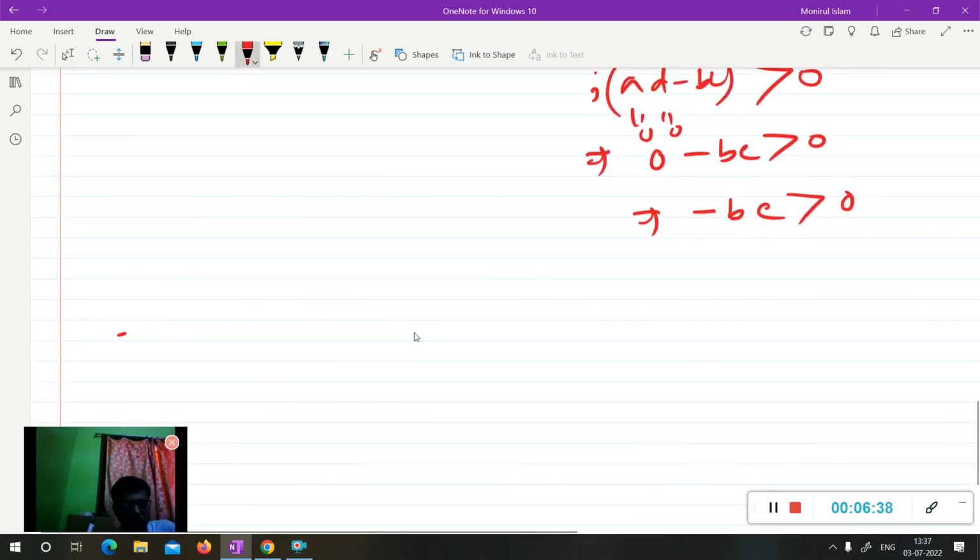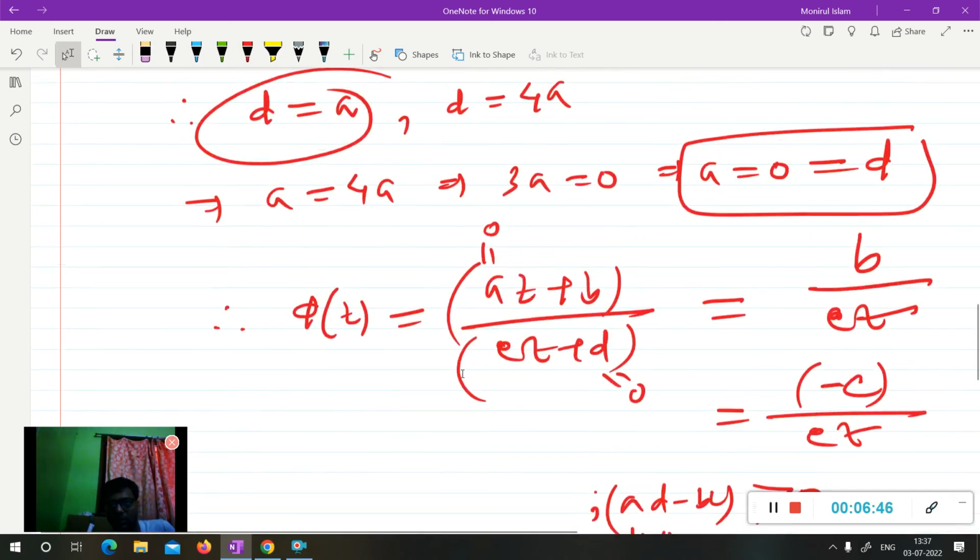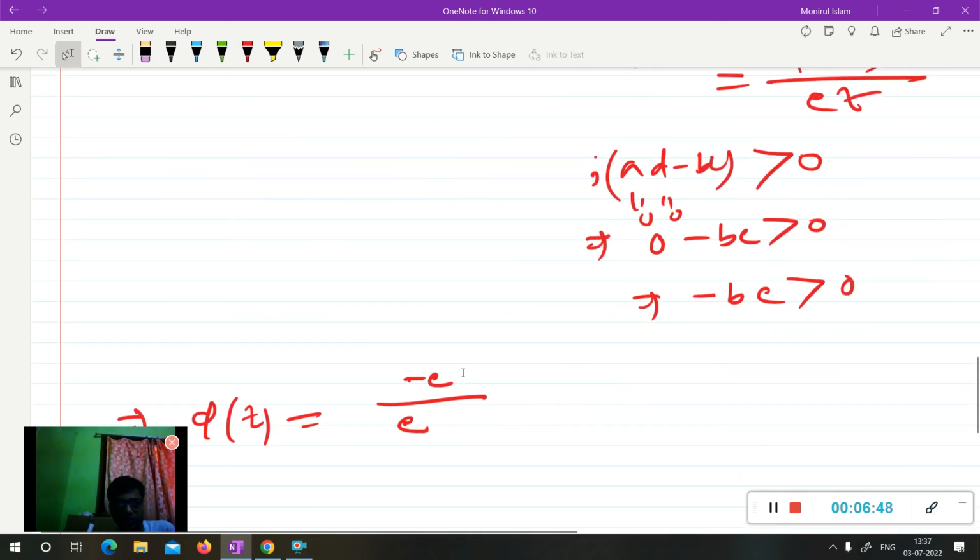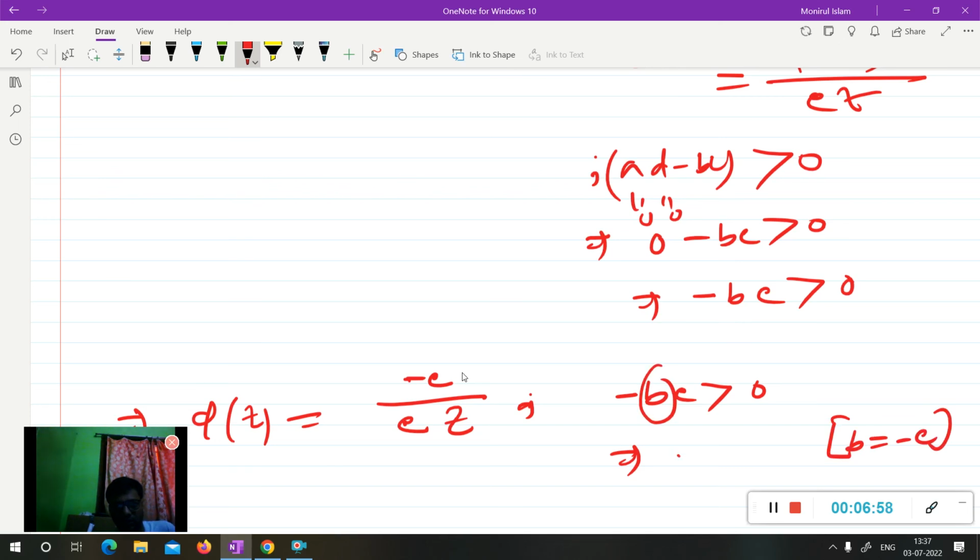So we have phi z equal to minus c upon cz, where minus bc greater than 0. Now you have b equal to minus c. If you put b equal to minus c, this gives c square greater than 0.